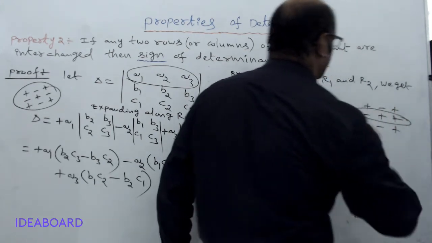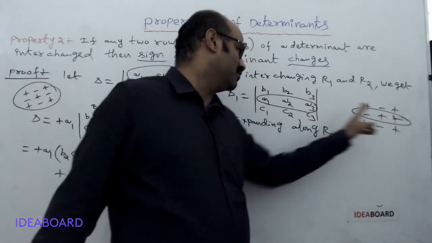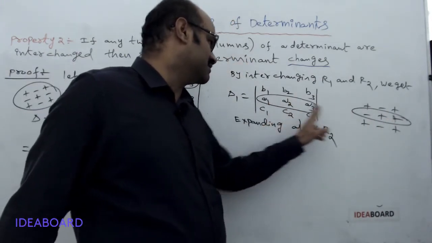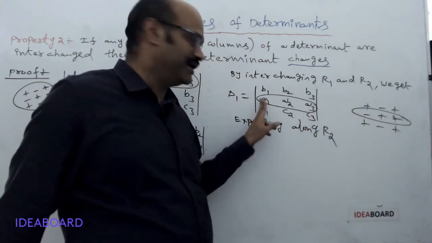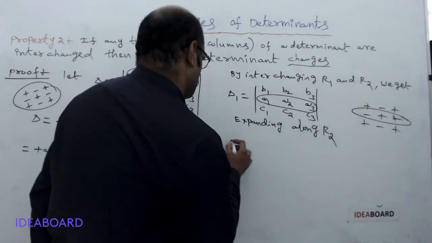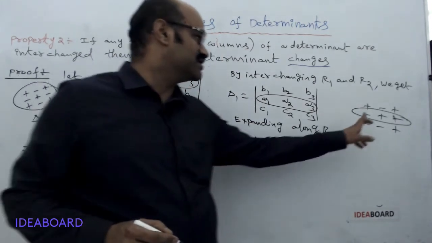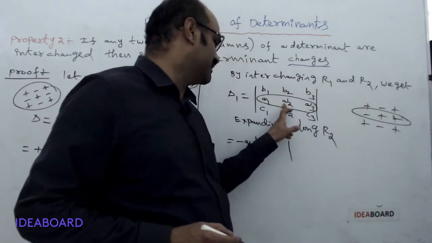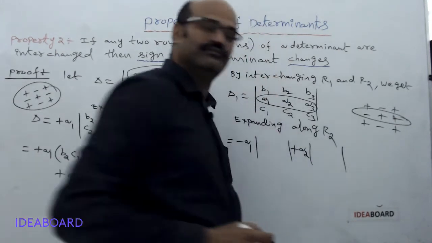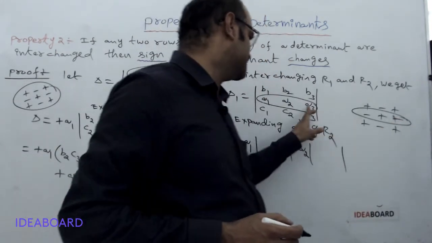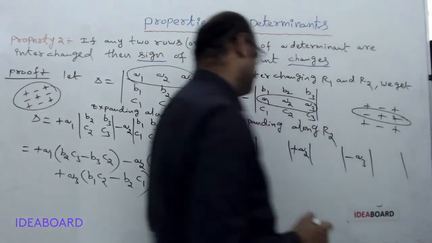Along R2 we have the signs minus, plus, minus. So first we write minus A1 into the minor of A1. Next we have the sign plus, so plus A2 into the minor of A2. Next we have minus A3 into the minor of A3.